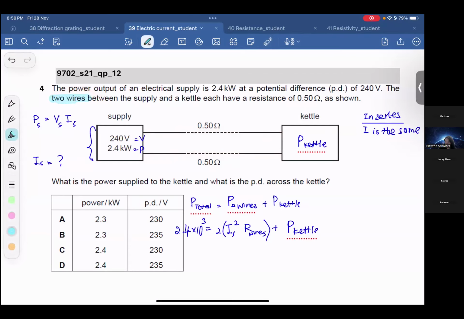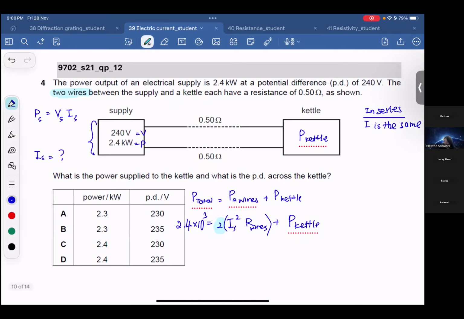That's why I times 2. Total power is added up from the whole circuit power. So here we have power for 2 wires and power for the kettle. Okay, so the power of the kettle should be 2.3 times 10 to the power of 3 watt.